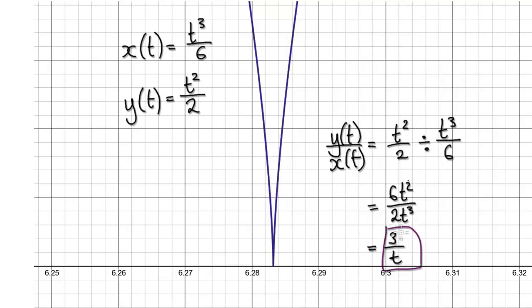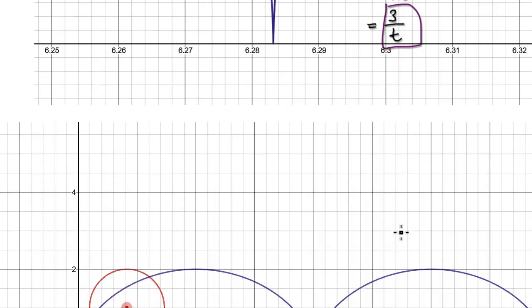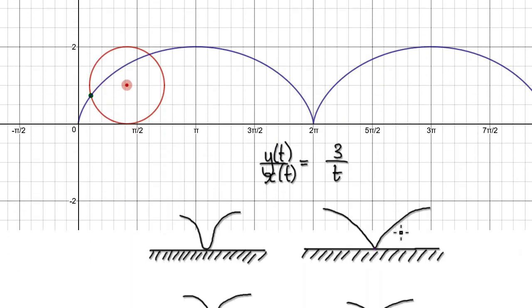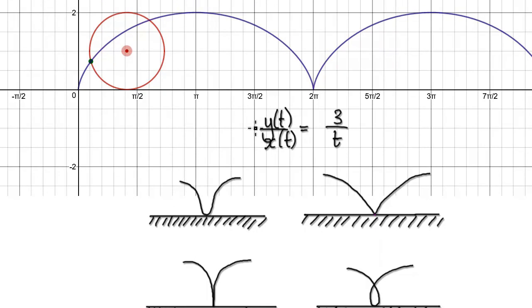So hang on, bear with me. So if you look at y divided by x, that really represents a gradient. If you get the up and down, divided by the across, that will then give you the gradient. Well, the gradient is given by this.